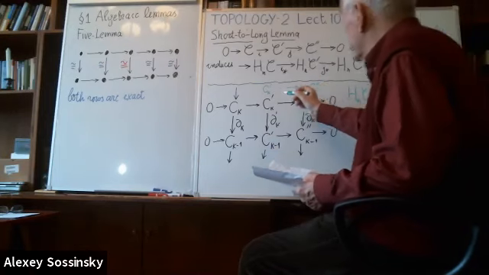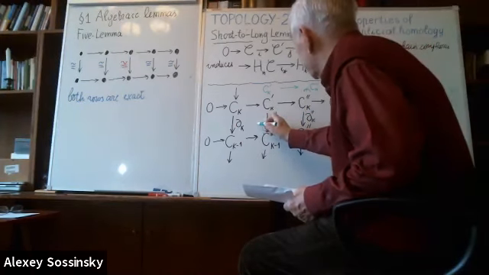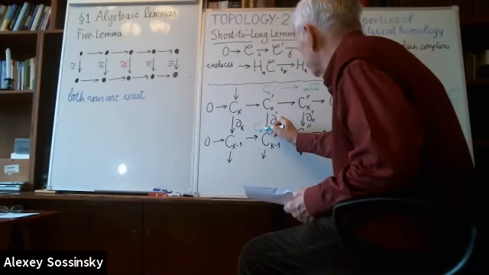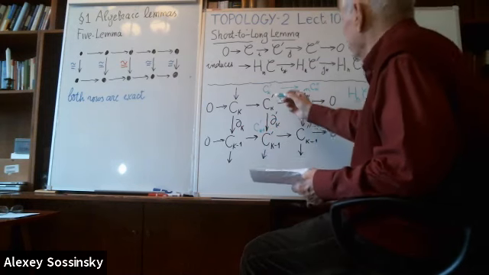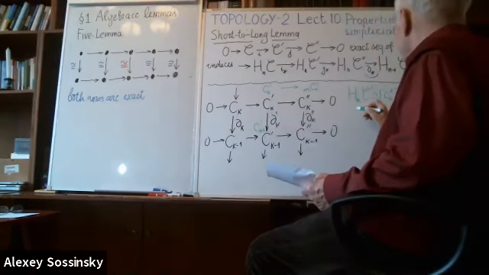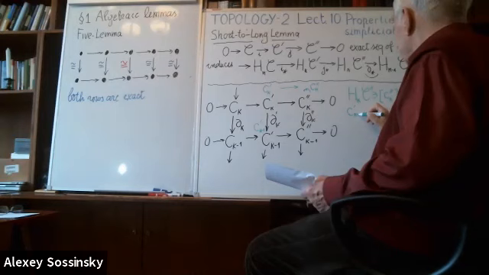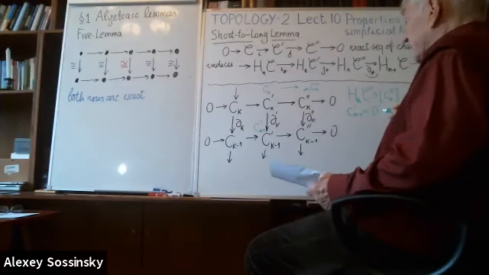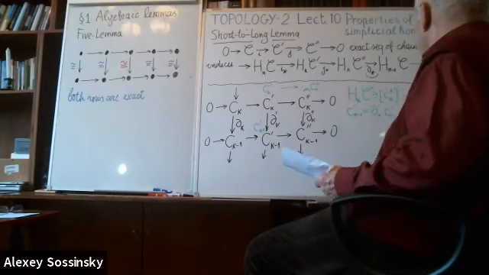We take its image down here. We get an element C prime K minus 1. So this, by definition, we take C prime K minus 1 as D prime K of C K prime.